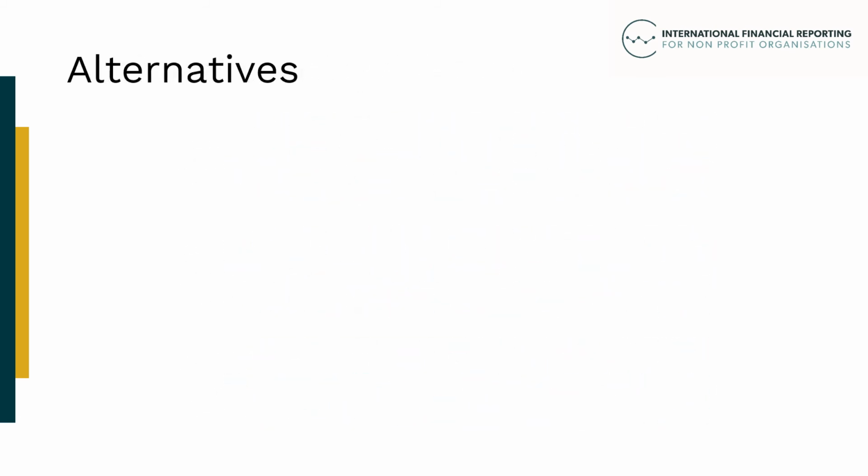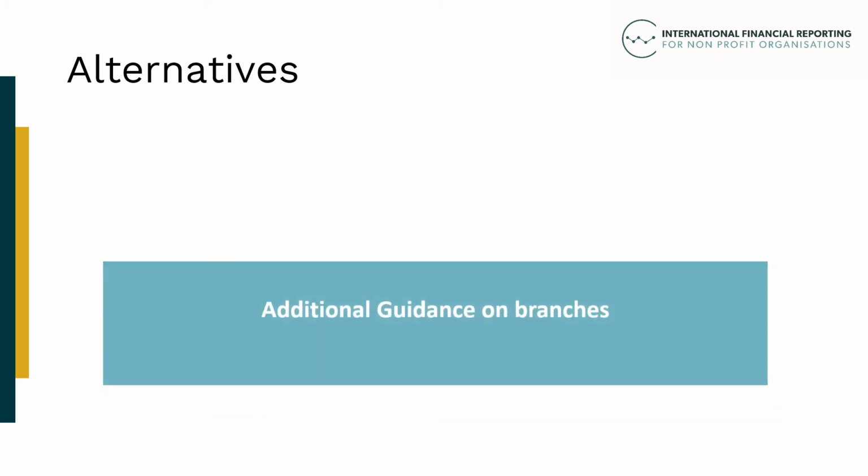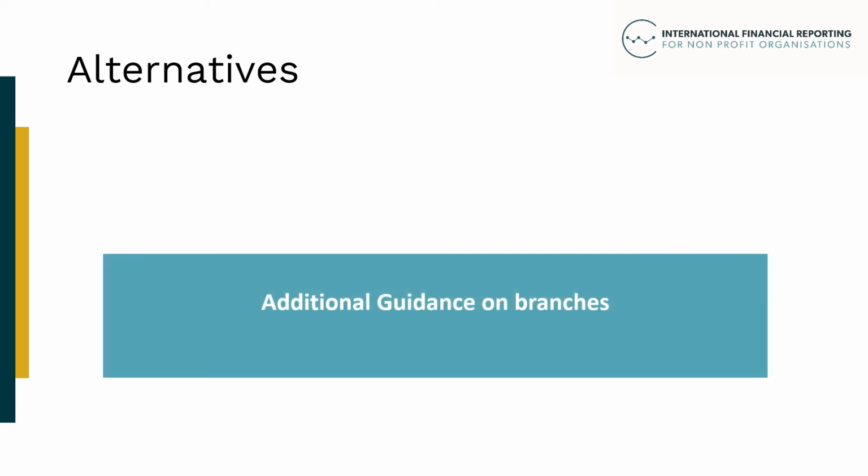As we have discussed, there is some national level guidance specific for NPOs that could be considered for additional guidance, including branches, which are common within the sector. This NPO-specific guidance would support the alternatives and provide the potential to improve the transparency over the scope of an NPO's activities.